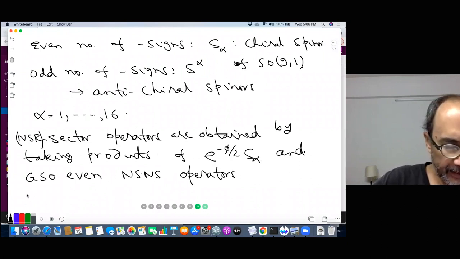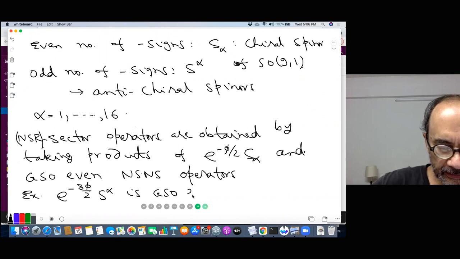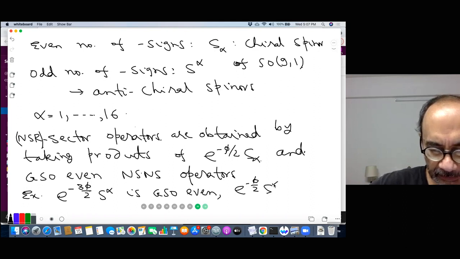Okay. So, exercise: e to the minus 3 phi by 2 S alpha is GSO even. But e to the minus phi by 2 S alpha is GSO odd.